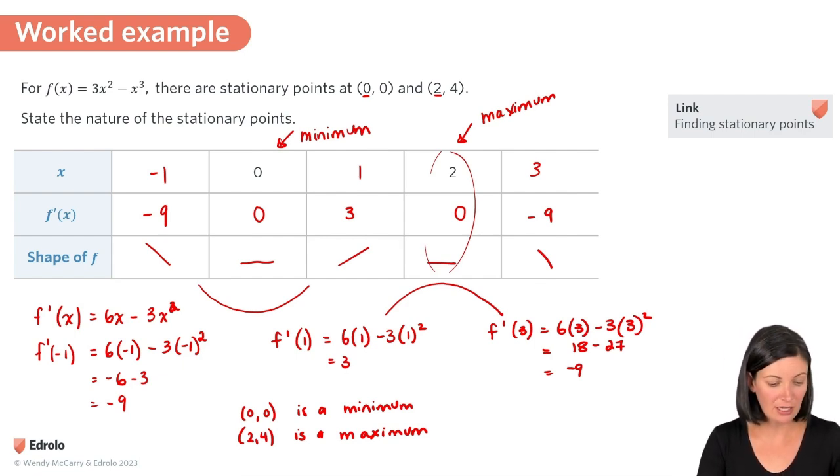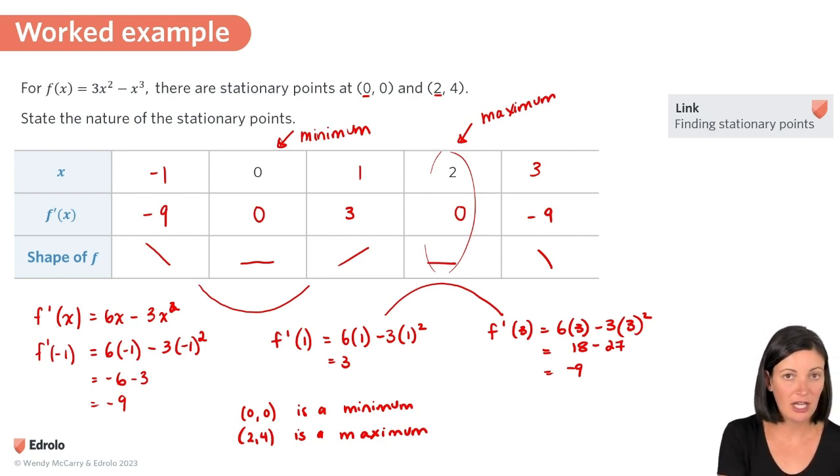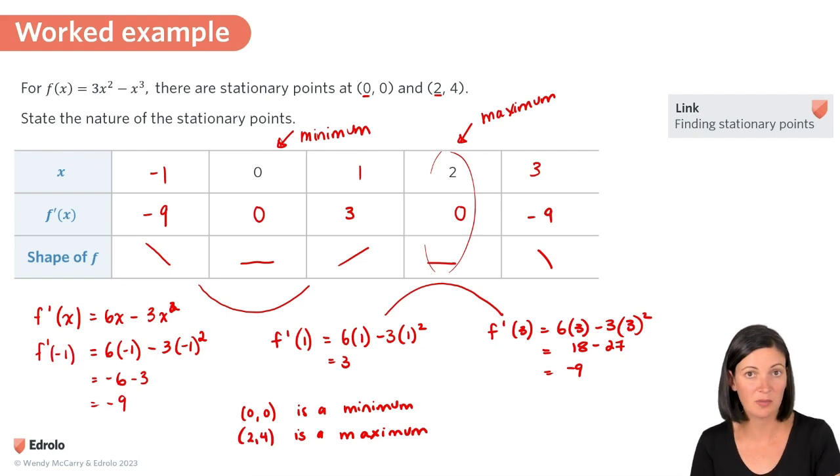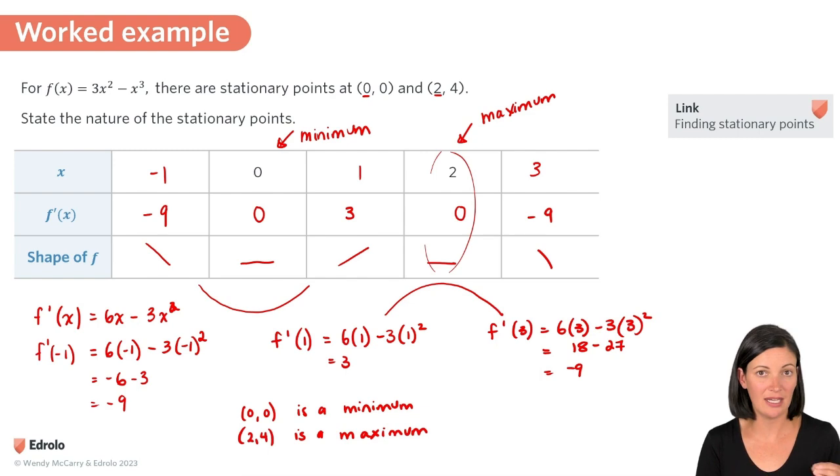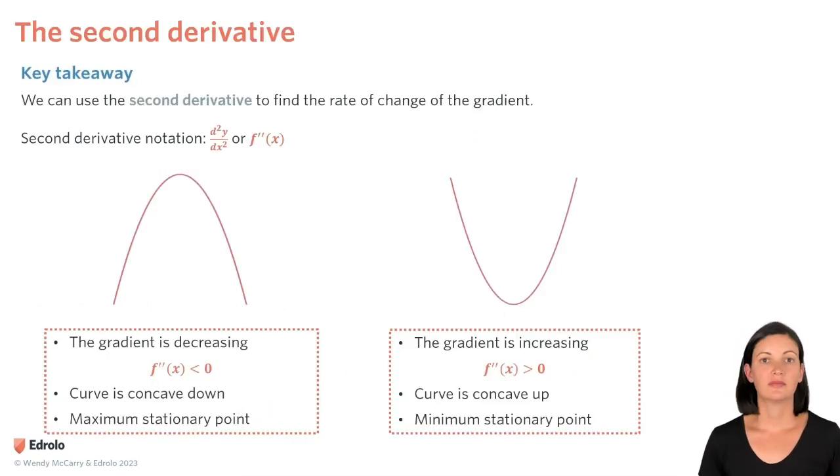You need to do something like this gradient table where you're actually calculating the value of the gradient at certain points to prove whether the gradient on each side of the stationary point is negative or positive. Okay? So we can also use the second derivative to determine whether or not we have a minimum or a maximum stationary point.